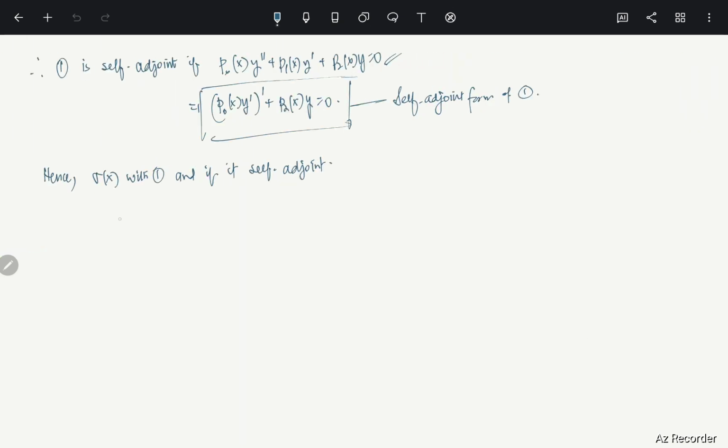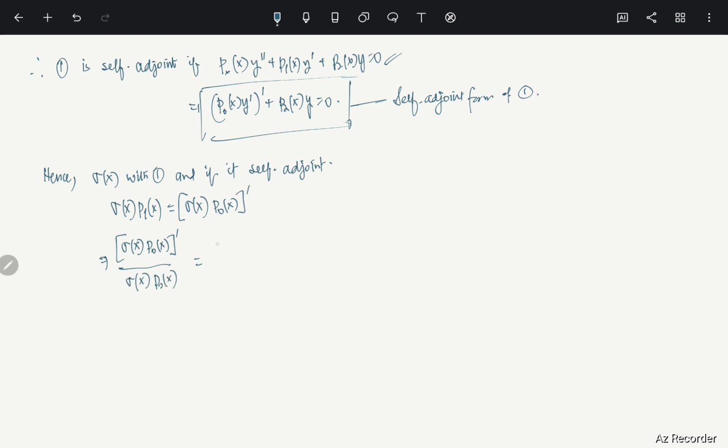So in that case, sigma of x P1 of x should be the derivative of sigma of x P naught of x. Is this okay? So this is the same as the derivative of sigma of x P naught of x, divided by sigma of x P naught of x. Let us do it this way.